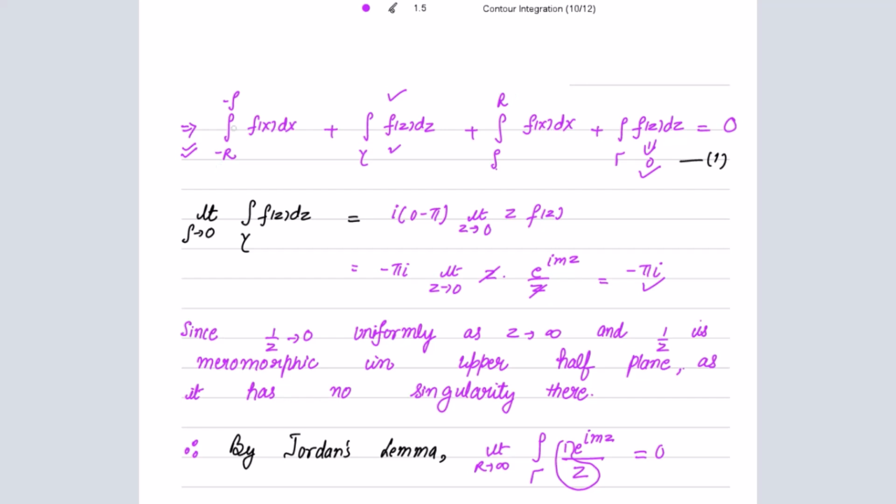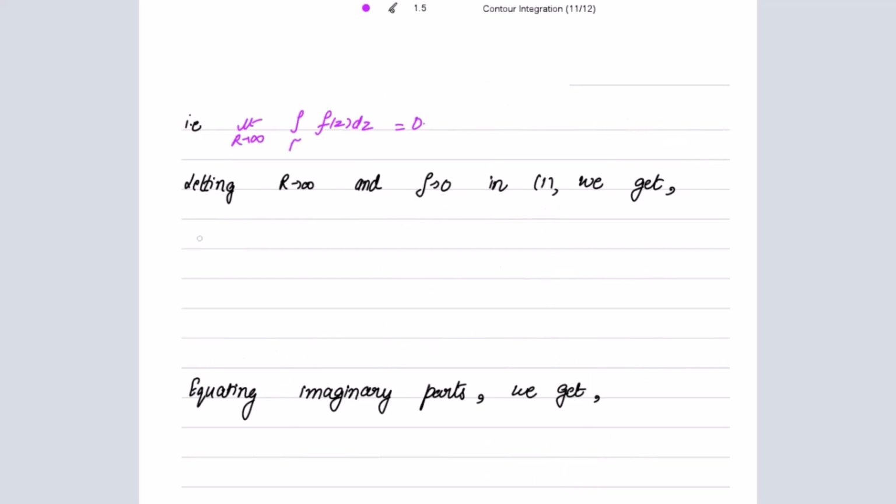Merging minus infinity to 0 and 0 to infinity, I get the integral from minus infinity to infinity of f(x) dx, minus pi iota, and the last integration along the semicircle tau is 0 already.